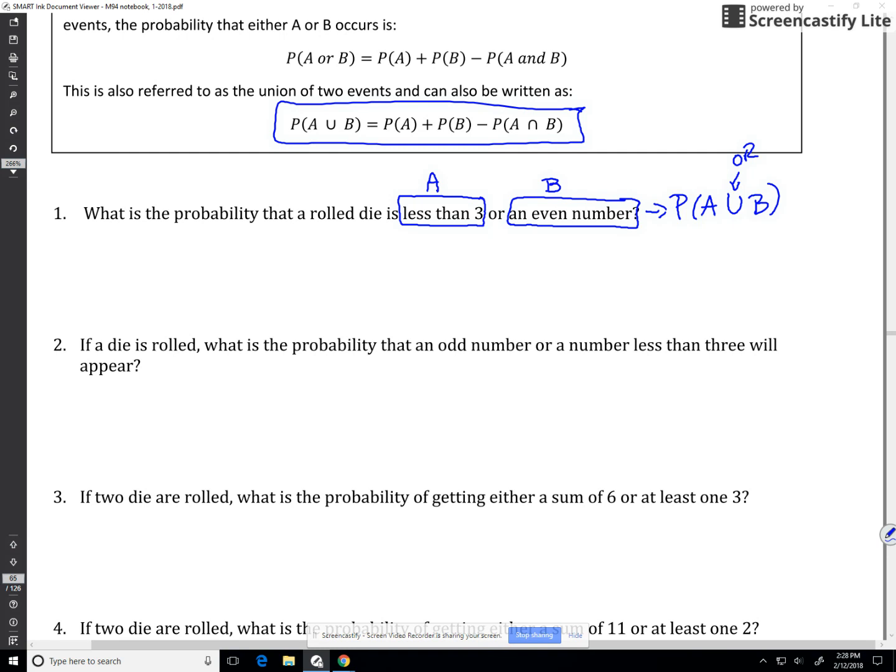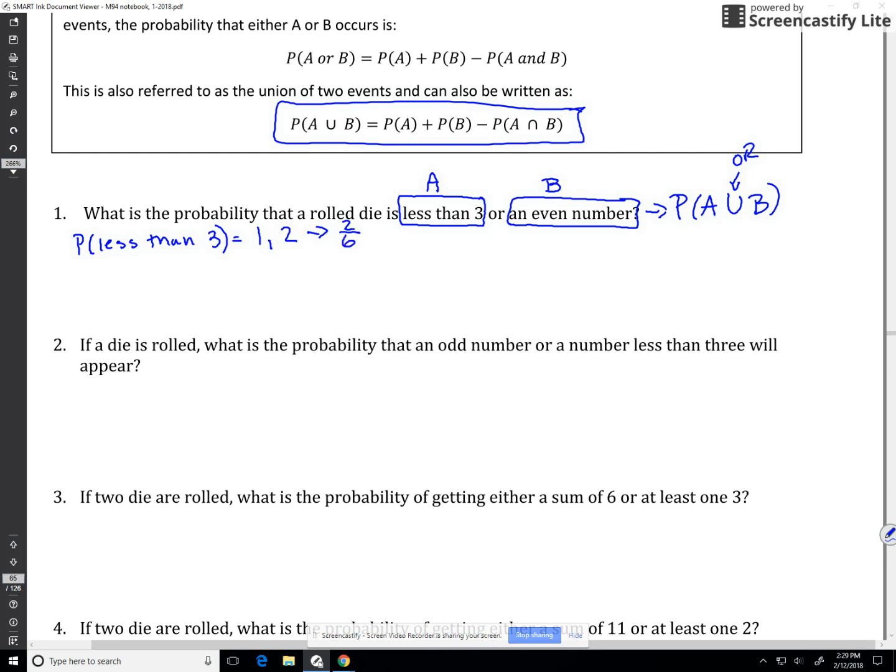So probability less than 3. Well, how many numbers on a single die are less than 3? We would get a 1 or a 2. So that's a probability of 2 out of 6.